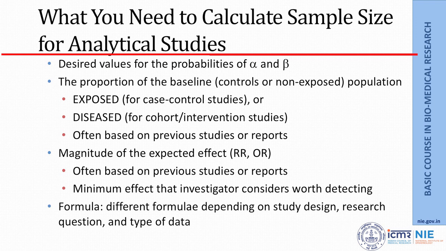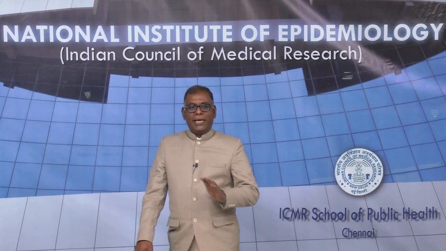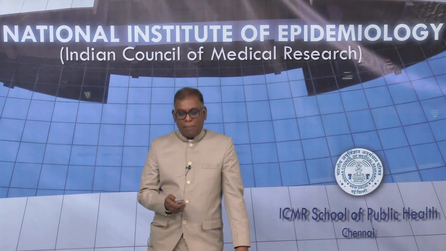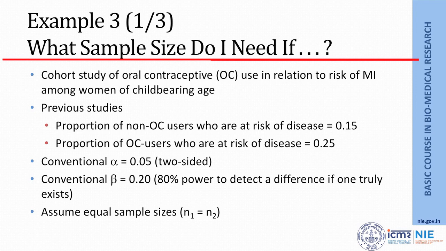Then there are very easy formulae available, different formulae depending on the study design, research question and the type of data. Now, let us take a few examples, and these examples should give you some idea of how the sample size is computed in different scenarios. Take for example a cohort study of oral contraceptives use in relation to the risk of myocardial infarction among women of childbearing age.